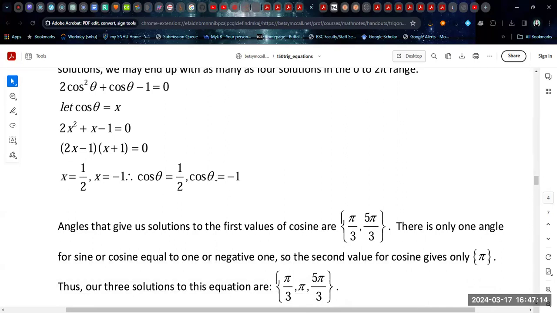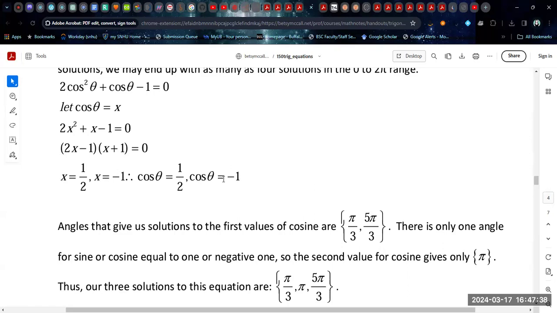But there's only one solution for this in the 0 to 2 pi range, which is pi. So 1 and negative 1 are the only times that I'm not going to get 2 solutions. All of the other values that I could get for this cosine function are going to give me 2 values, but 1 and negative 1 are only going to give me 1. So in this case, I end up with 3 solutions.